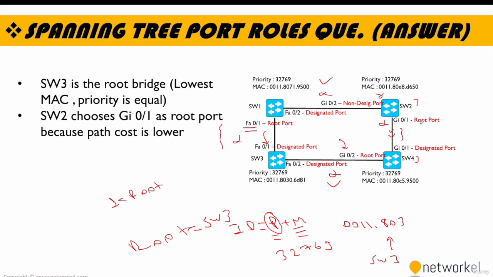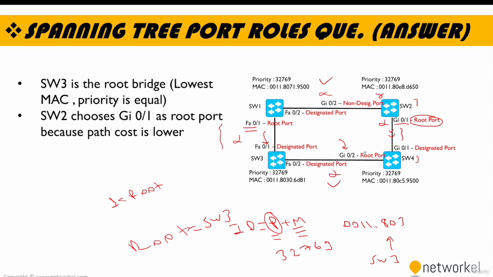So the lowest cost by which I can reach my root bridge from switch 2 is via the GIG01 interface. That is why I am assigning GIG01 of switch 2 as the root port.